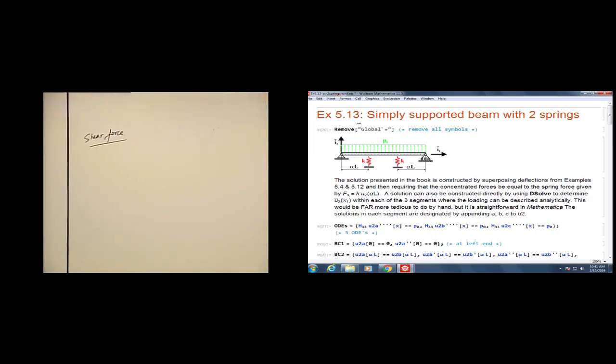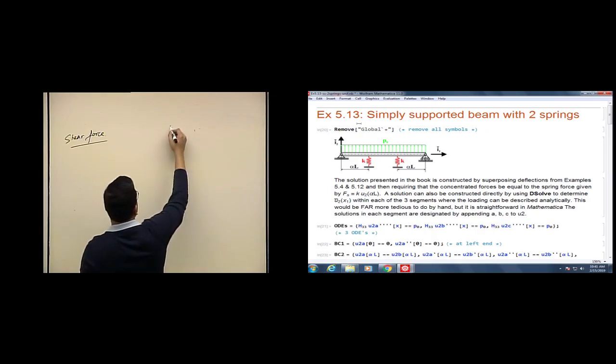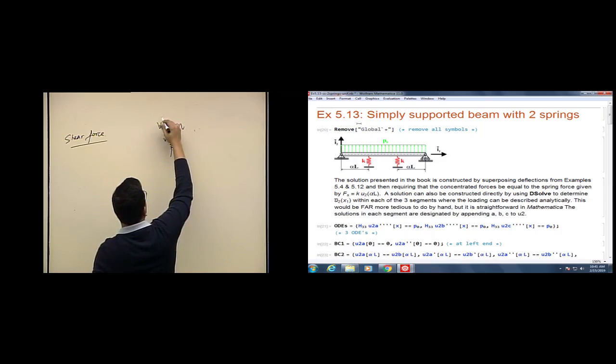Right? So I have that thin slice where the spring is attached, and I have a shear force on this end, and I have a shear force on this end. Let me call this V star.